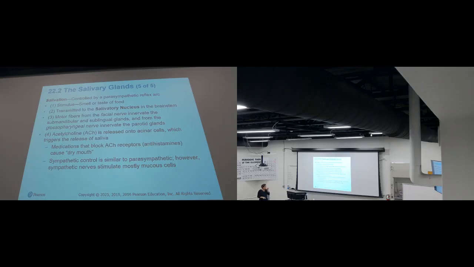And we have the release of acetylcholine onto these cells in the acini, which is like the little ending of the glands, and these help trigger the release of the saliva when they bind acetylcholine. And when someone takes a medication that inhibits the release of acetylcholine, then the person will have dry mouth.